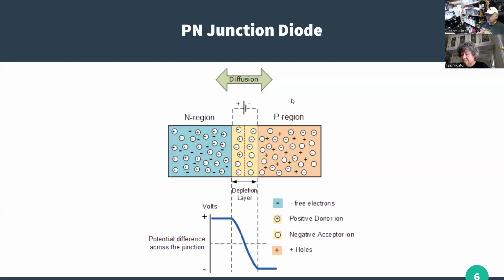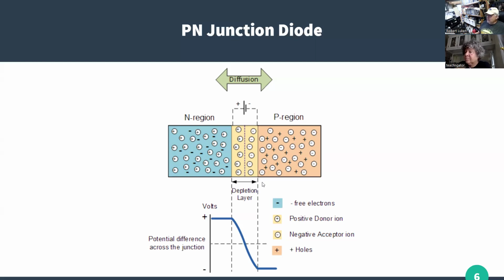This is just a diagram showing when we have N material and P material, at the junction, it kind of forms what we call a depletion layer, where positive ions are attracted to one end and negative ions or electrons to the other.